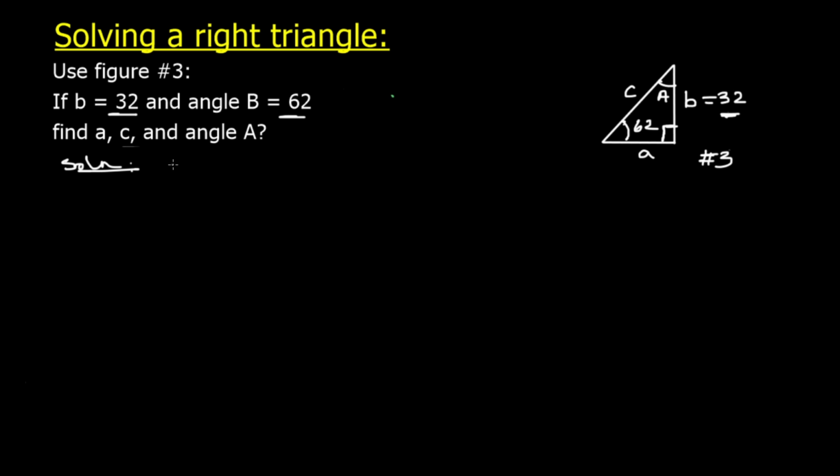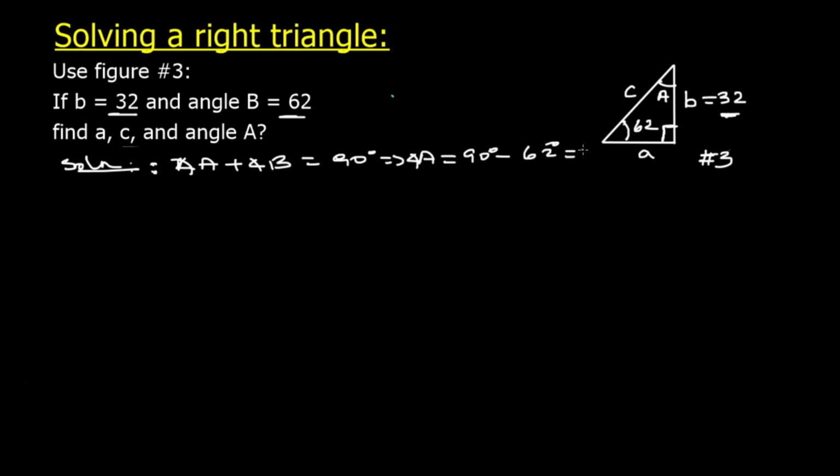Let's find angle A. We know that angle A plus angle B equals 90 degrees. This leads to angle A equals 90 minus 62 degrees.